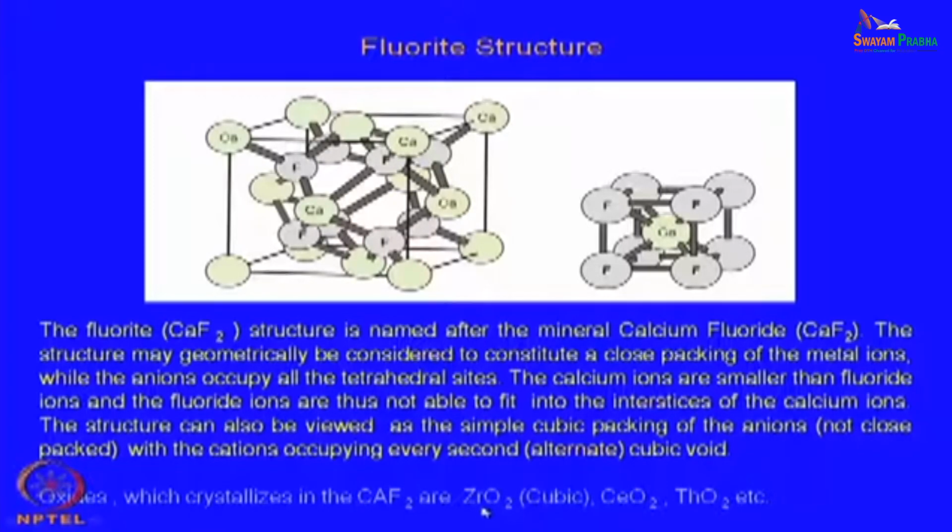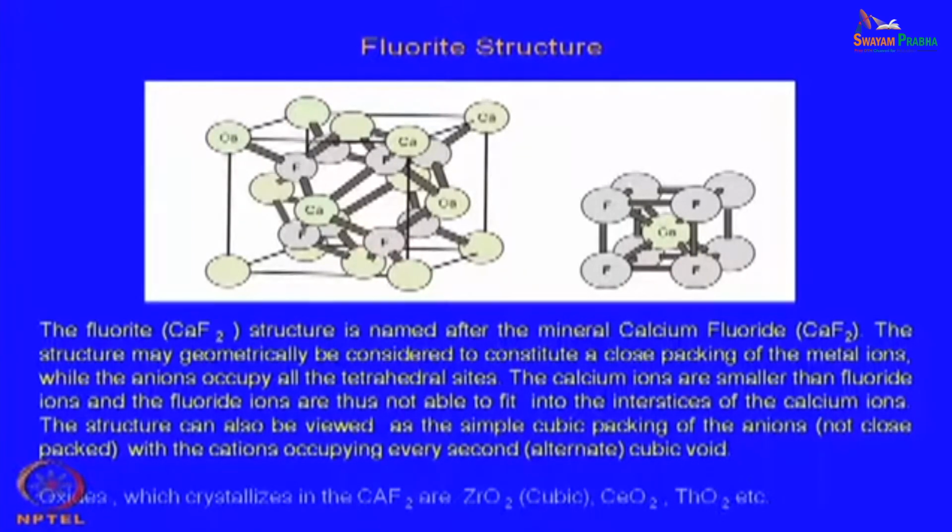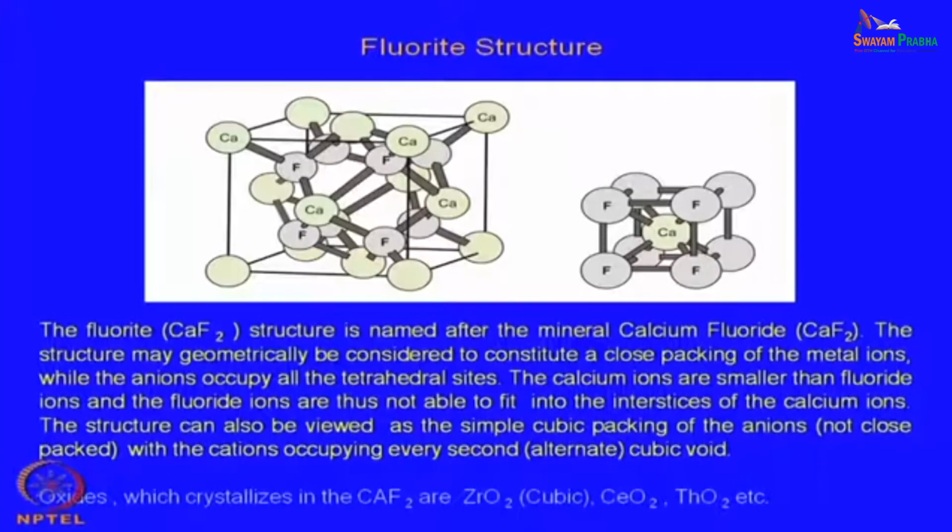Now, we have mentioned zirconia cubic, because many of these oxides do have different polymorphs. That means at different temperatures, as I mentioned in an earlier class, iron has different polymorphs. At low temperature it has a BCC structure, and at higher temperature, above 900 degrees, it has an FCC structure.